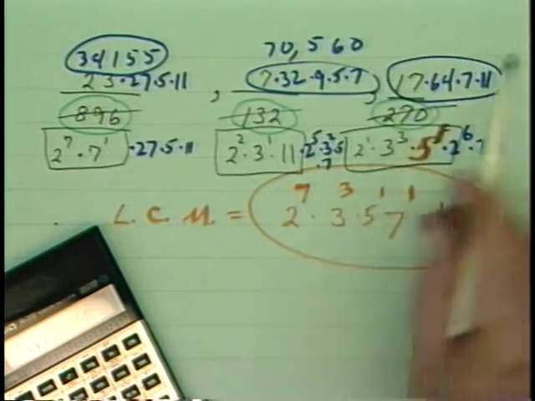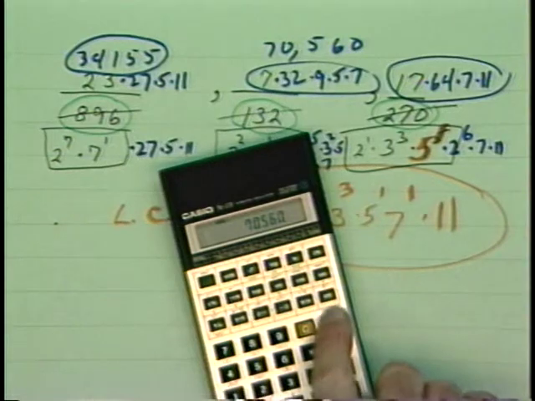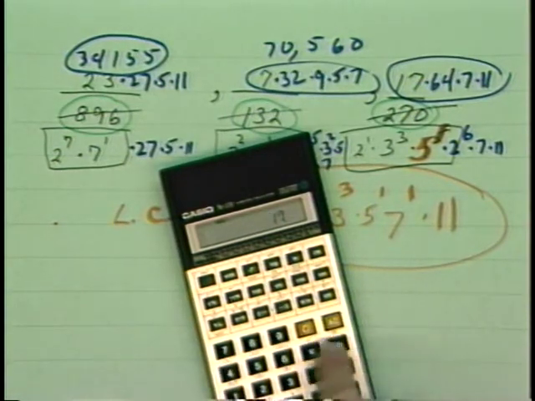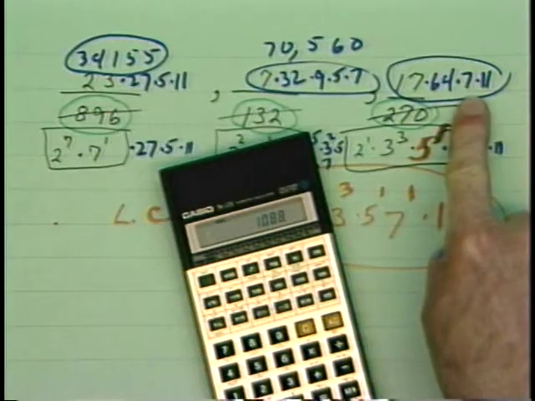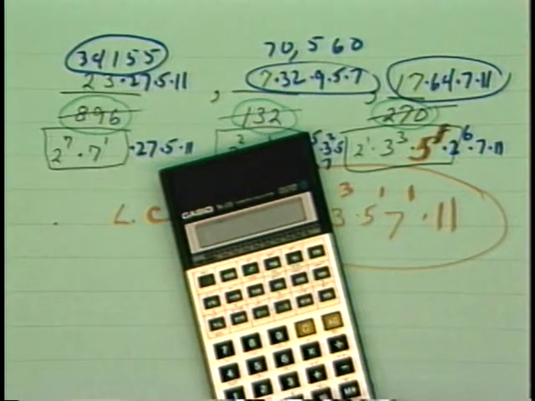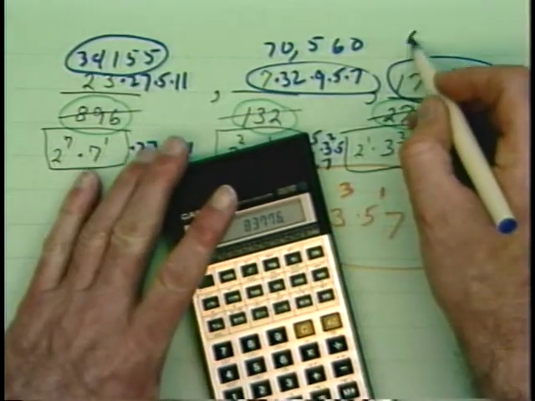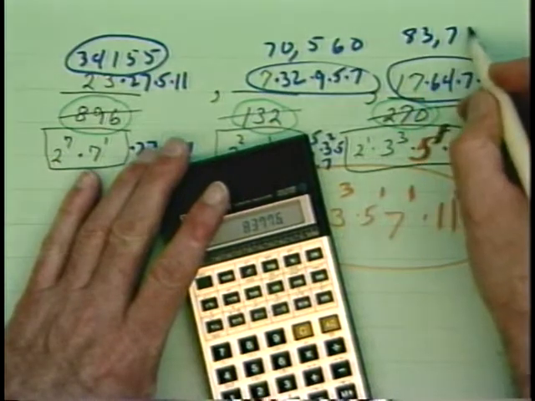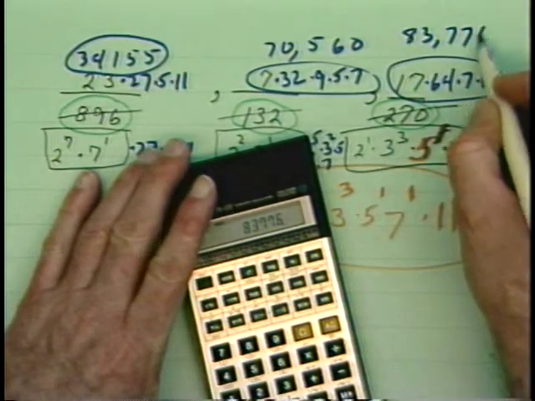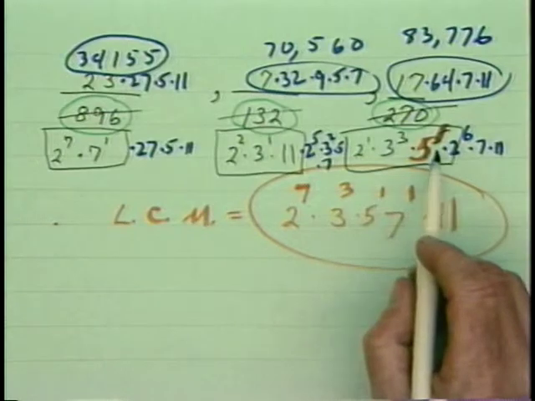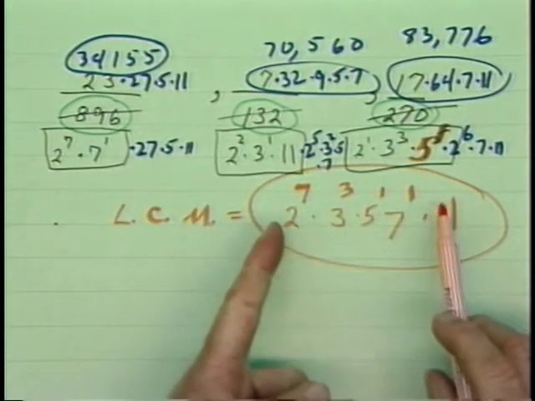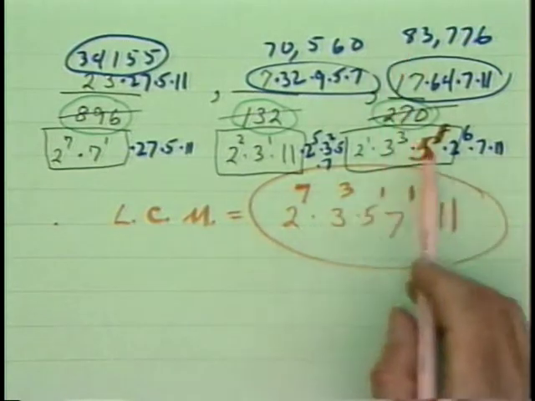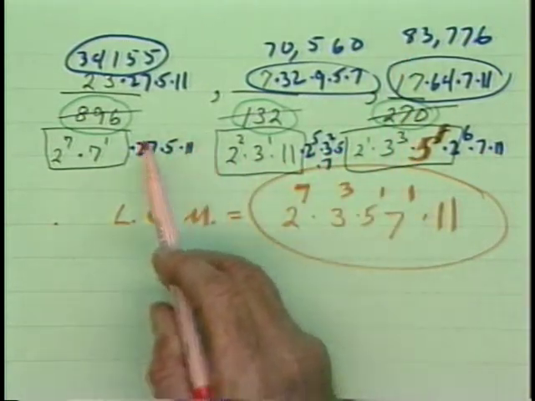So now all I need to do is to multiply those. So 17 times 64 times 77 equals 83,776.